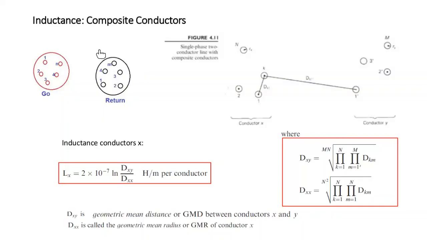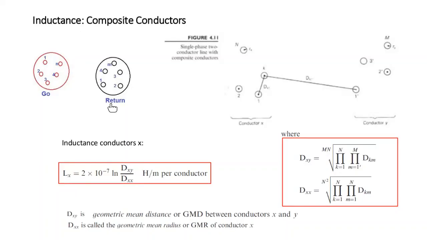Now, suppose we have just a single phase diagram and each wire, or each conductor, has a number of subconductors as we saw earlier on the picture. So 1, 2, 3, 4, 5, N. And this is 1, 2, 3, 4, 5, M. So this is a single phase.